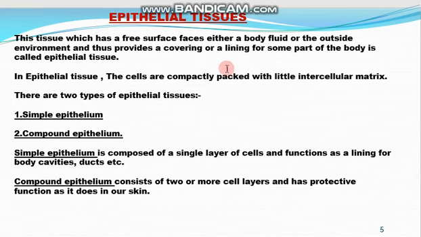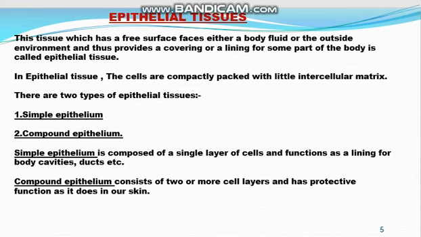It means the tissue which has a free surface faces either a body fluid or the outside environment and provides a covering or lining for some part of the body. It is known as epithelial tissue. It means that epithelial tissue is that type of tissue which covers the lining of some part of the body, and it either faces the body fluid side or it faces outside. So actually this is the covering tissue.